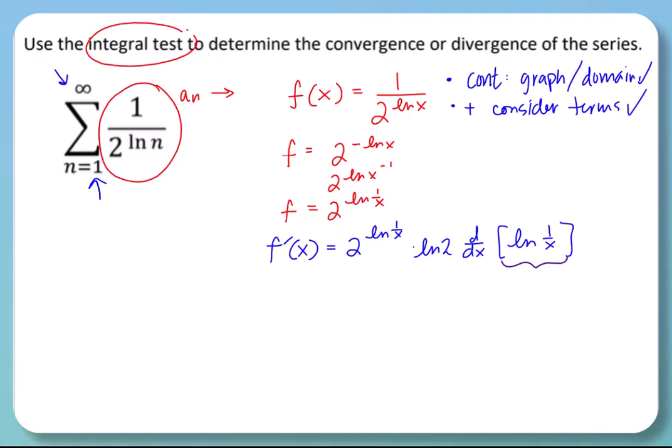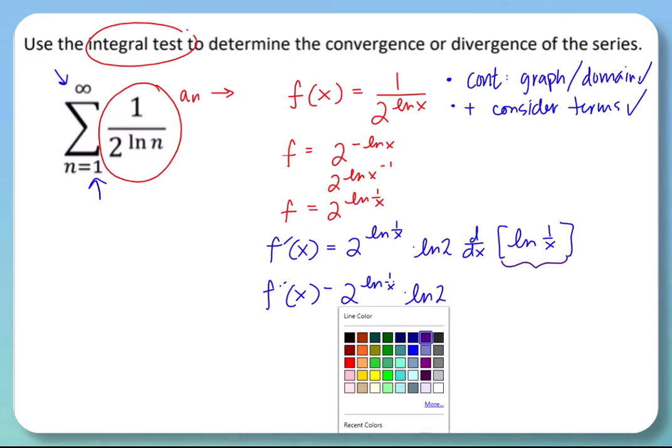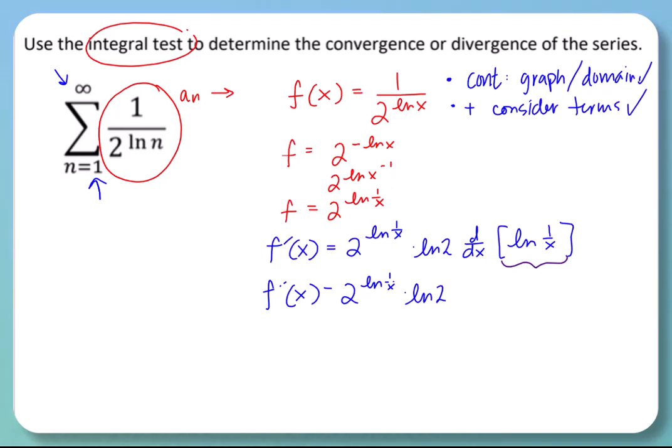The derivative of a natural log composition, I have f prime of x is 2 to the natural log of 1 over x times the natural log of 2, and then the derivative of a natural log is the derivative of the argument over the argument. The argument there is x to the negative 1, over the argument, 1 over x.